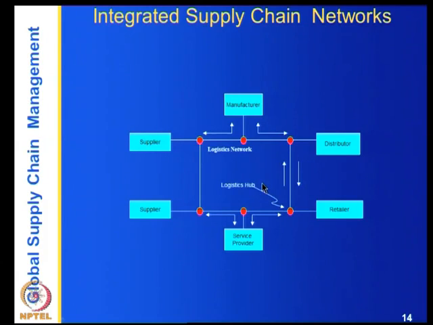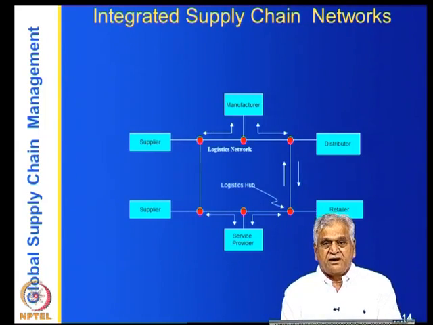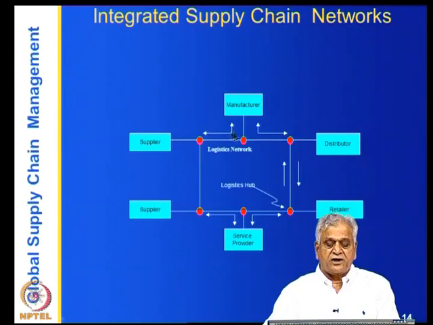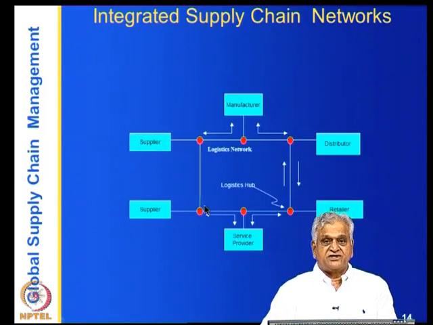For example, India, they are building Nagpur as a hub between the various places. So there is a well-developed network with multimodal transportation between the suppliers, manufacturers, distributors, and so on. So that is the logistics network.